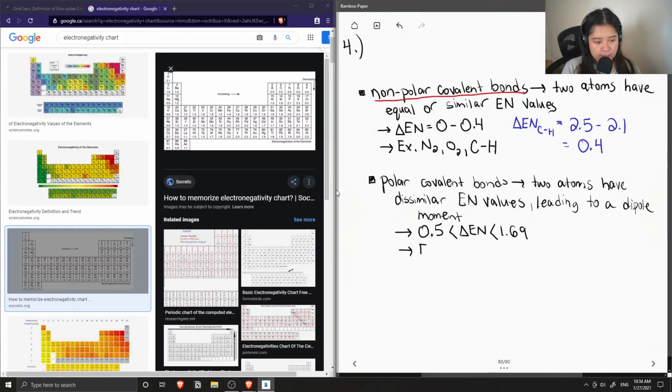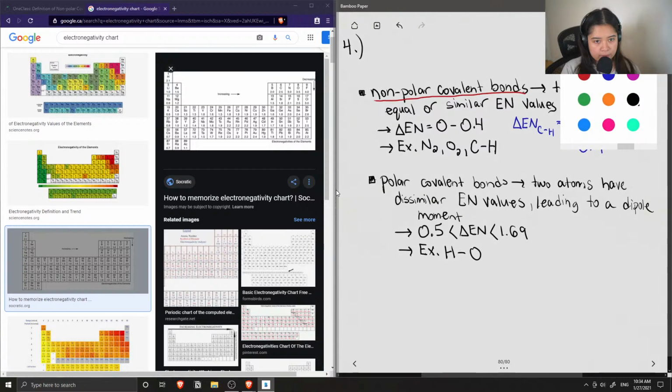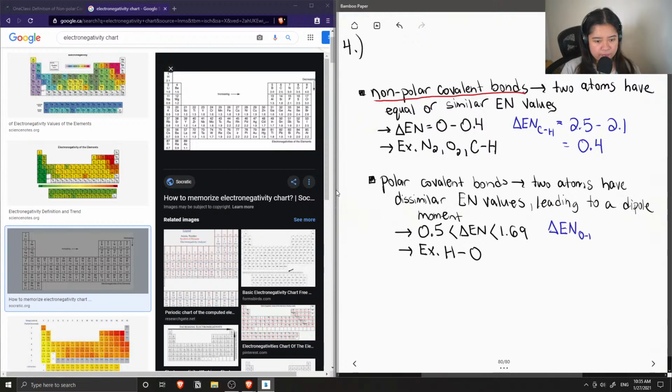Okay, so let's look at some examples of polar covalent bonds. A common one is the hydrogen-oxygen bond. So again, let's calculate its difference in electronegativity. Oxygen's electronegativity is 3.5, and hydrogen's is only 2.1.